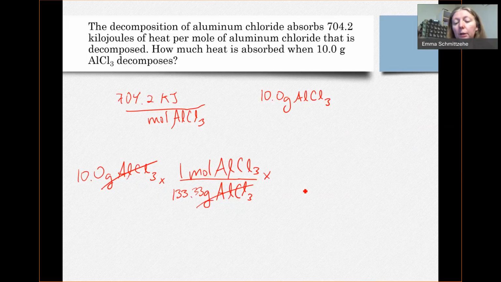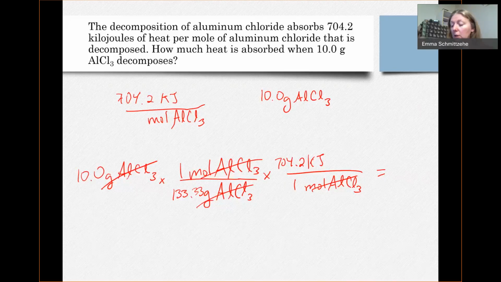Because now I want to get rid of moles of aluminum chloride, and I want to go to kilojoules. I want to get the heat. And so it's 704.2 for 1 mole. So the moles cancel, and that's going to give me my heat. Here I've got 10 divided by 133.33 times 704.2, and based on my 10 grams, I'm going to round to 3 sig figs.